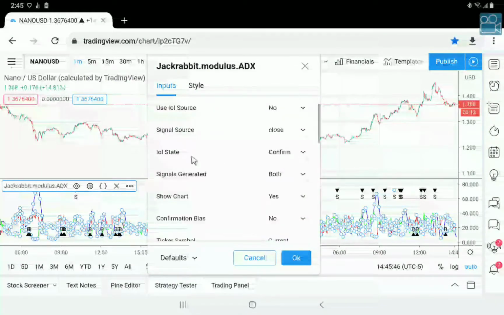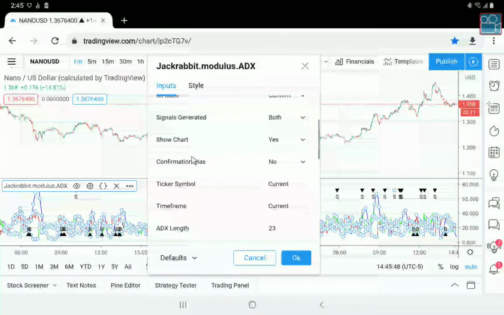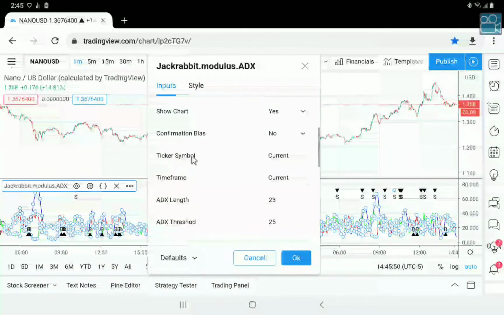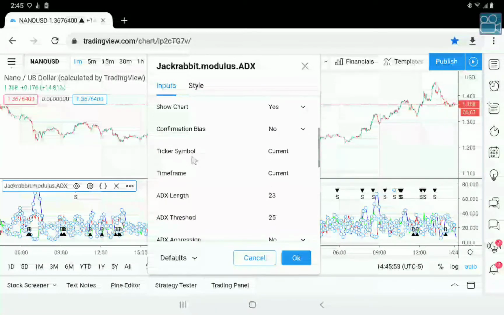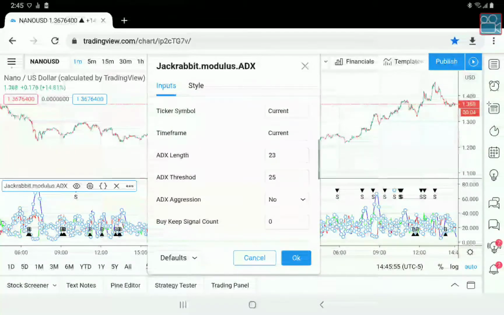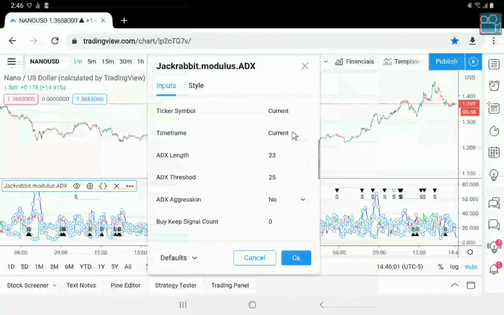Now let's move to the primary information. All modulus framework components let you use a ticker and a time frame. But let's move to the important part.